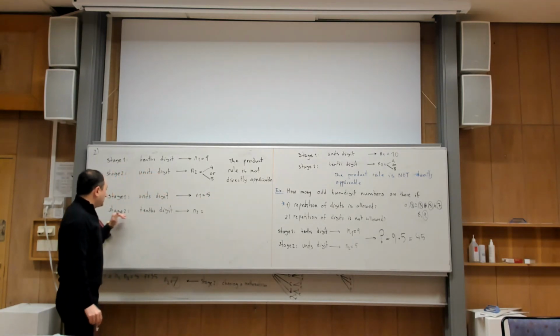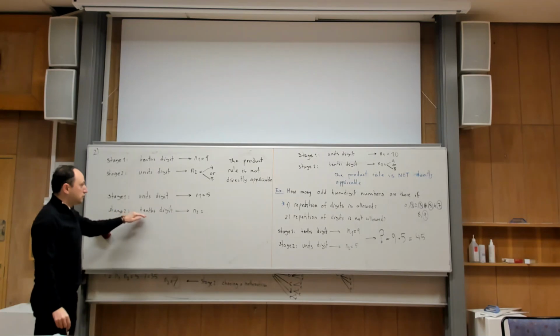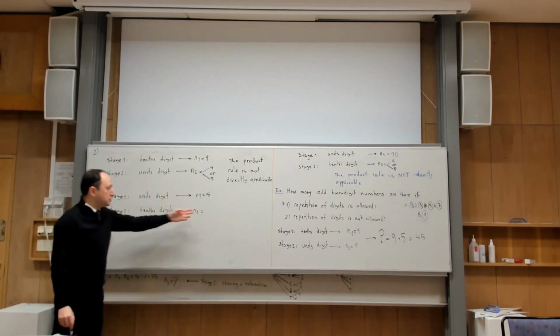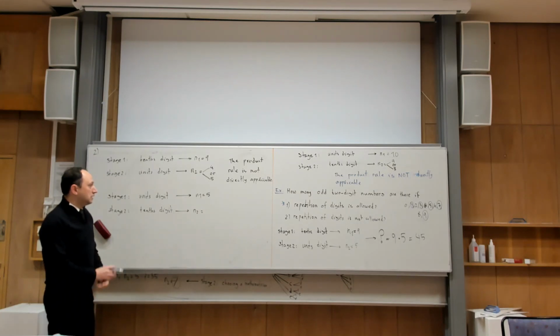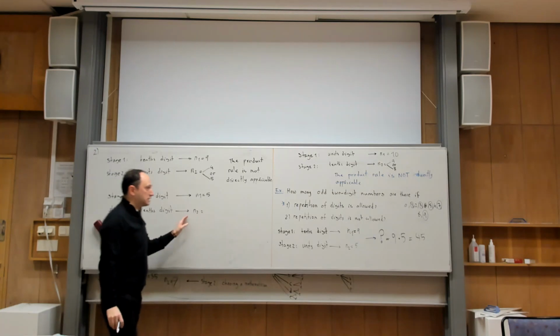But when I go to the second stage, I want to choose my tens digit. How many options are available for me here? Yes, 8. Why is that?